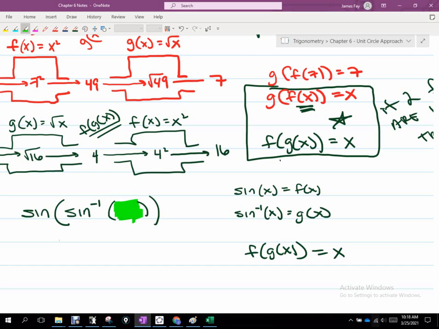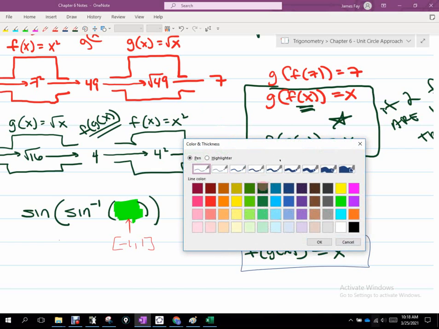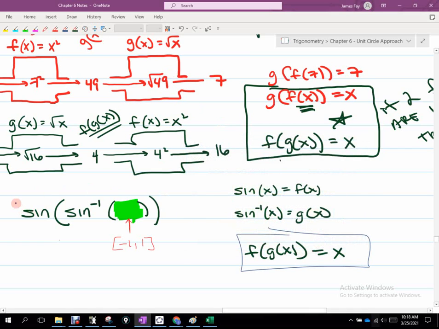The ratio of opposite divided by hypotenuse, that's the only thing that can go in there. Okay? So if I choose a number right there that is -1 to 1, what is going to happen is this cancellation rule right there. We call it a cancellation rule because basically what we're going to do is say if that sine cancels that and leaves you just that.